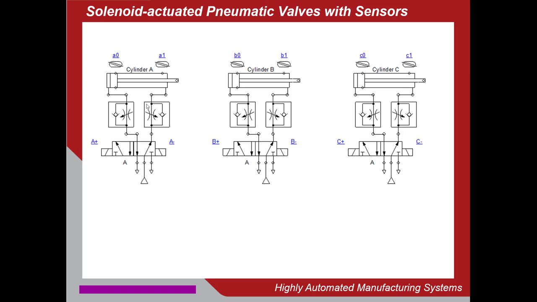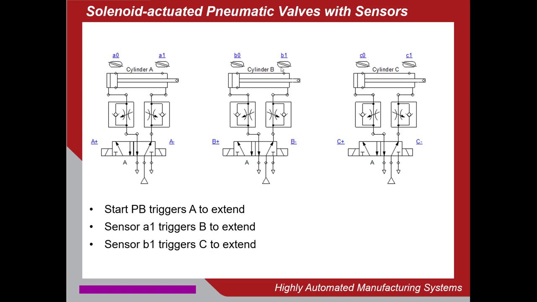But what we're going to do is create three cylinders A, B, and C, identical, and we're going to have them move in sequence. We're going to hit a start button, and A will extend, and once it's extended, sensor A1 is going to then trigger B to extend.